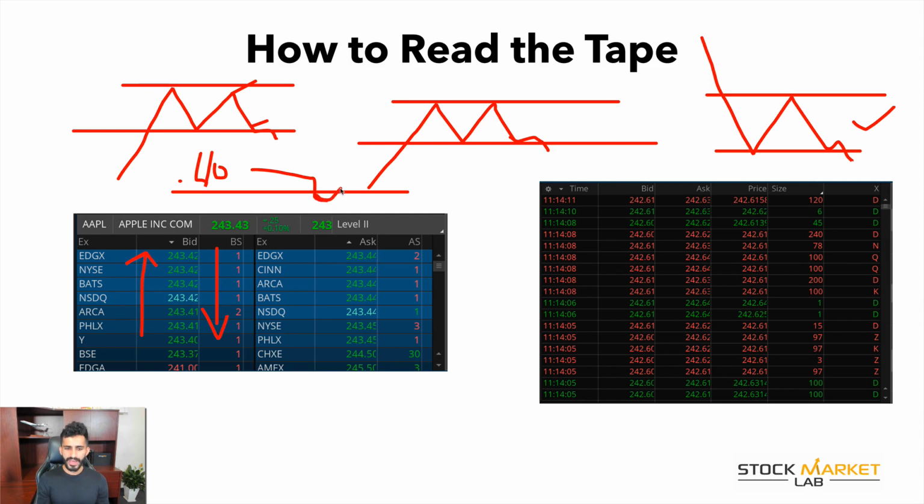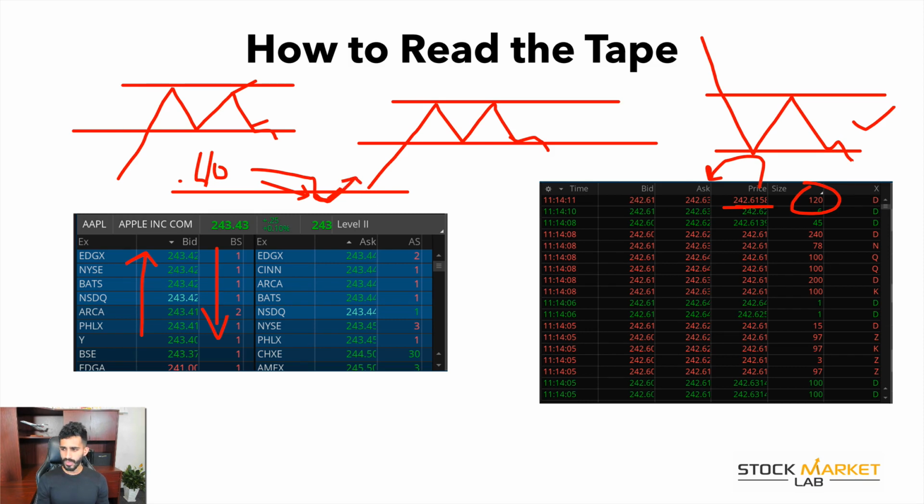If on the pickup the buyers are hitting the ask with size, that shows there's a high probability this was a fake out. People stepped in to short, or to buy puts and make money on the downside, but we realize it's a fake out and we are going to enter and get in.